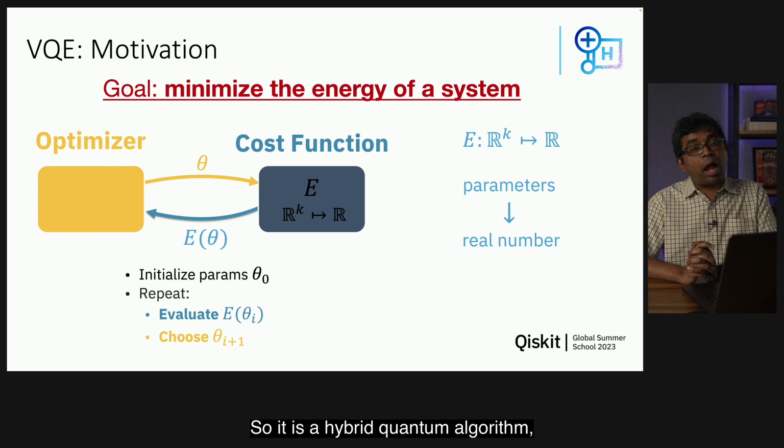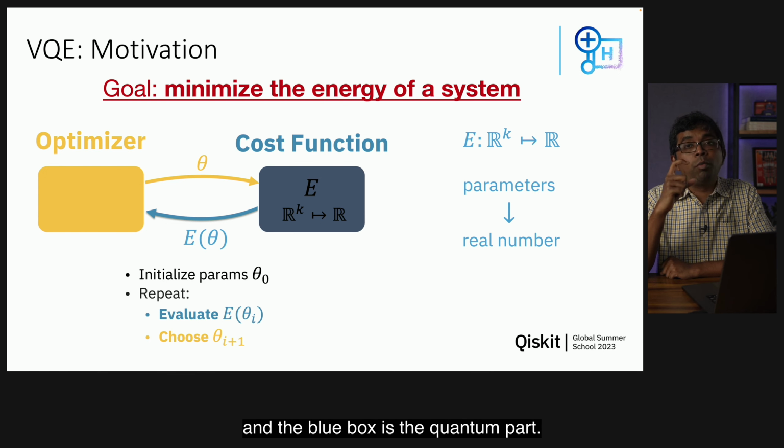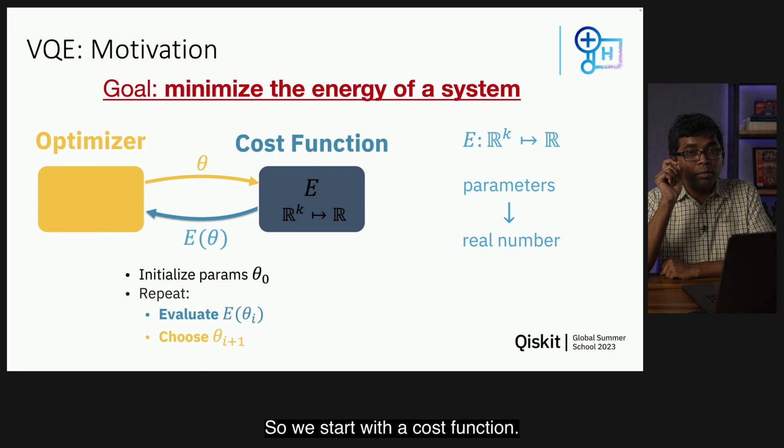It is a hybrid quantum algorithm, which means there is a classical part and there is a quantum part. On the screen, the yellow box is the classical part, and the blue box is the quantum part. So we start with a cost function.